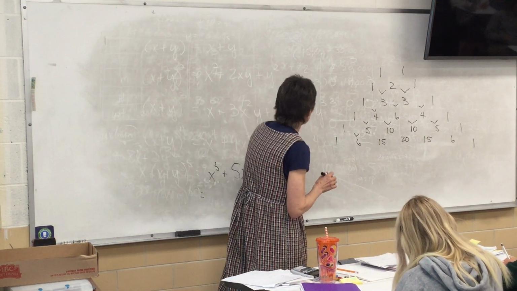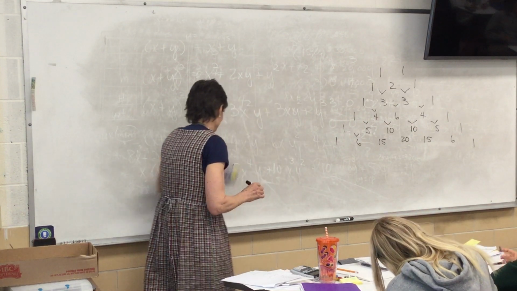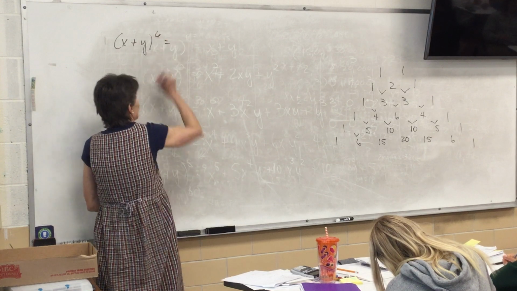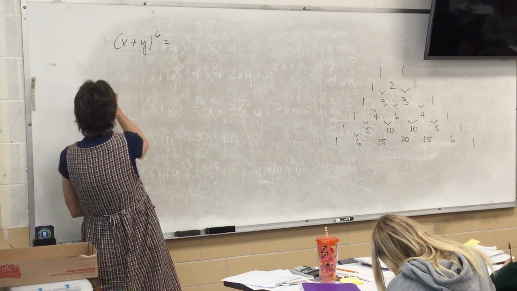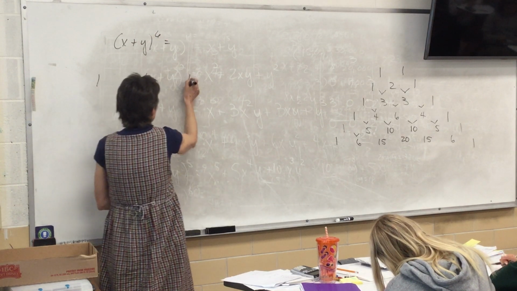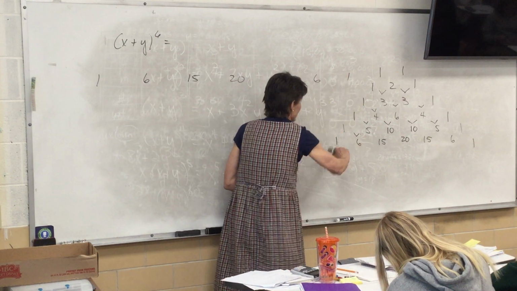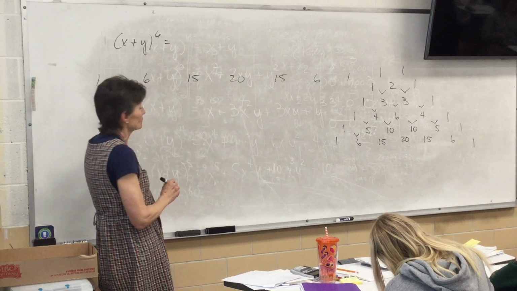So if I'm expanding x plus y to the 6th, I know the numbers are 1, 6, 15, 20, 15, 6, and 1. Those are the numbers in that row.